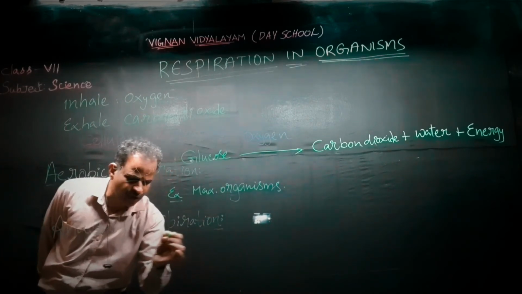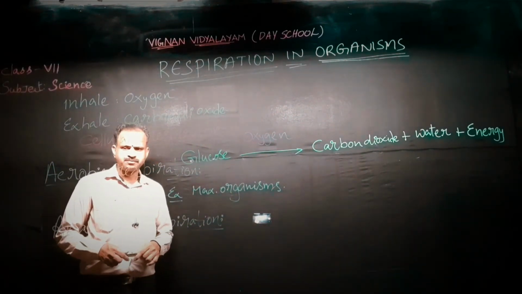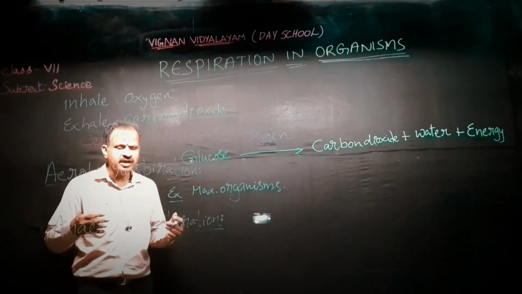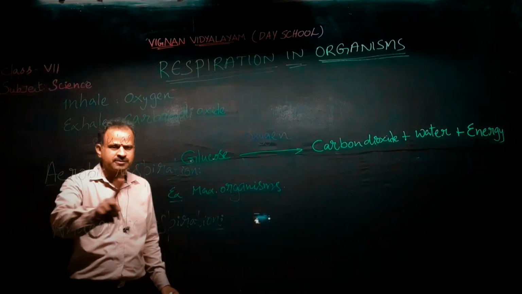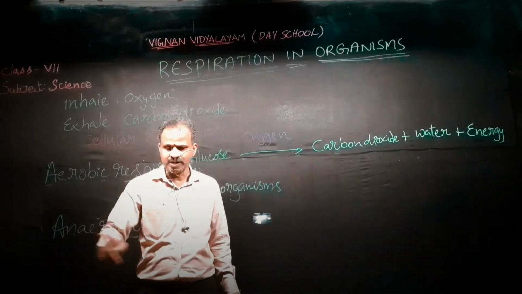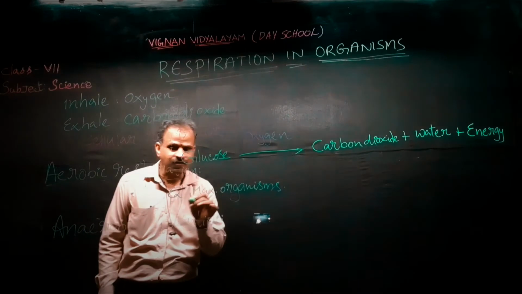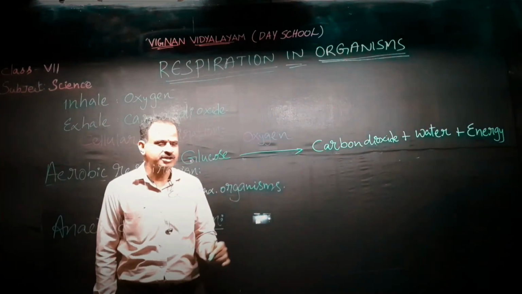So what is anaerobic respiration and what is meant by aerobic respiration? We can clearly understand. Aerobic respiration means in the presence of oxygen. Anaerobic respiration takes place in the absence of oxygen. So what will happen in anaerobic respiration?